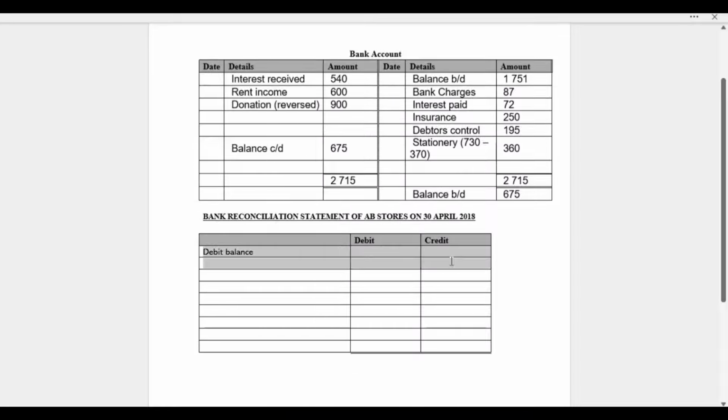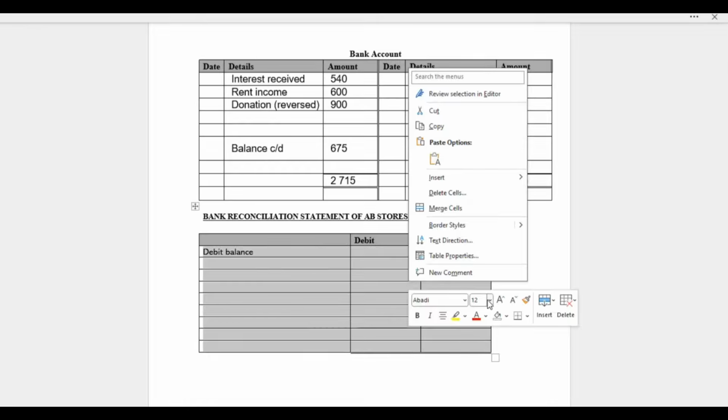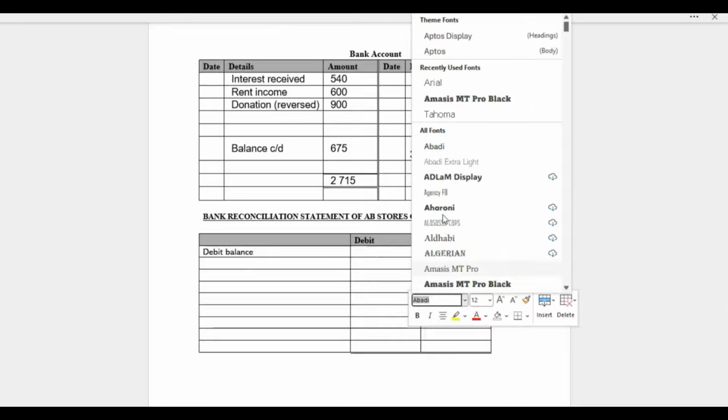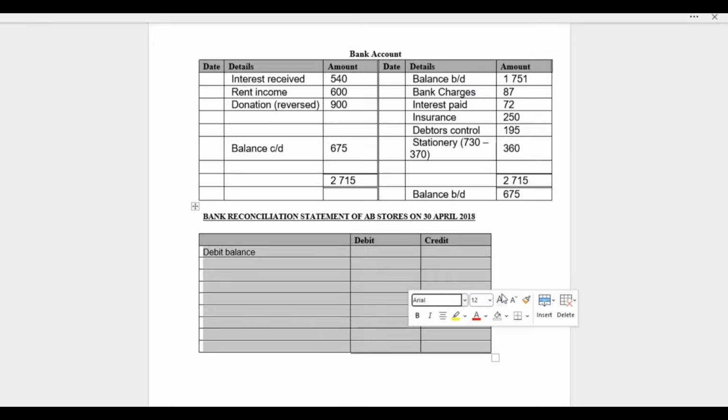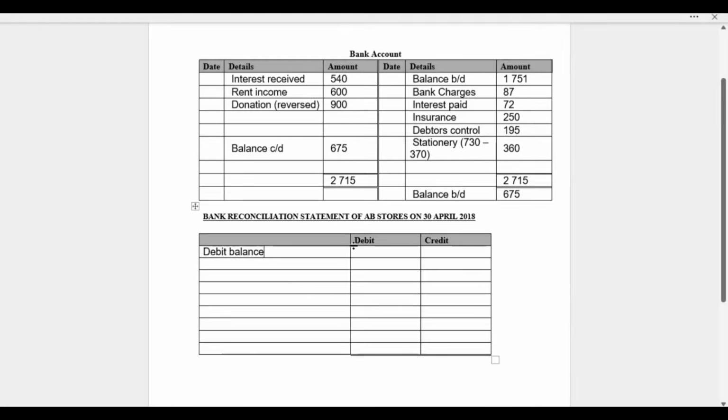You have to say debit balance as per bank statement.